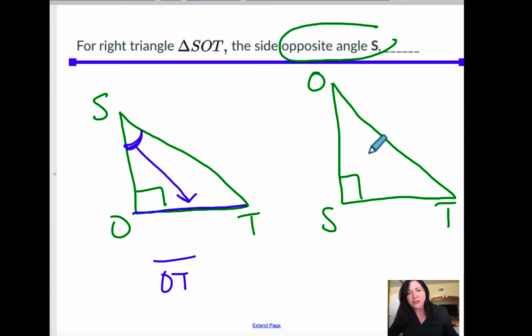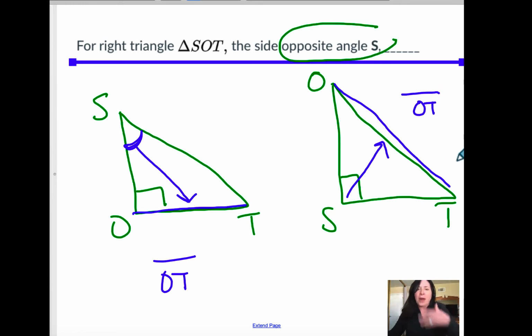That's it. So if this was angle S, the side opposite is also length OT. It doesn't matter how you drew your triangle. No matter what, the side opposite is OT.